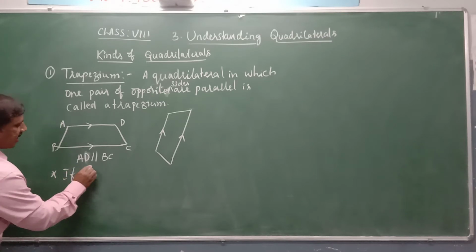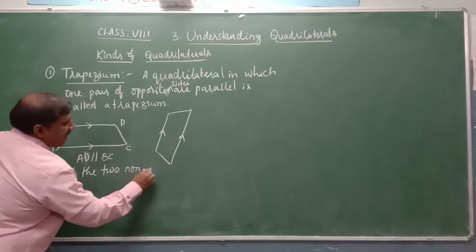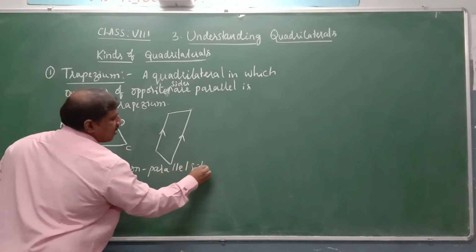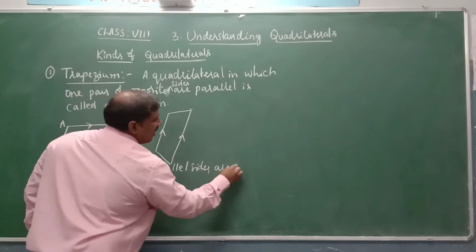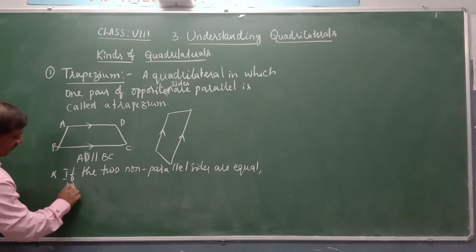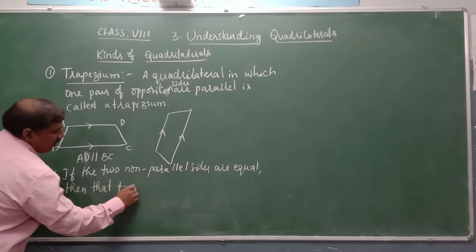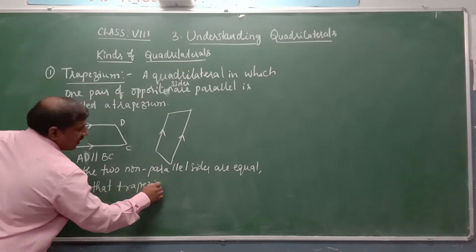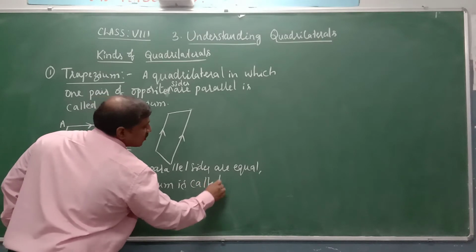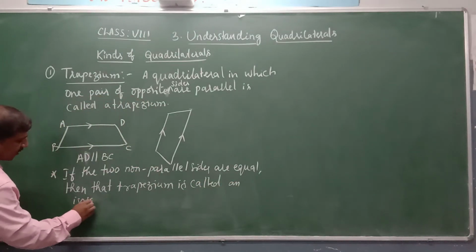If the two non-parallel sides are equal, then that trapezium is called an isosceles trapezium.